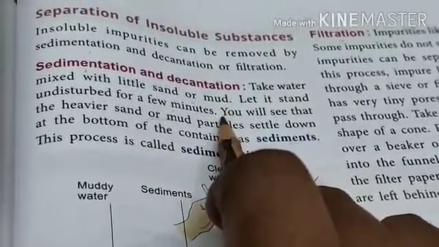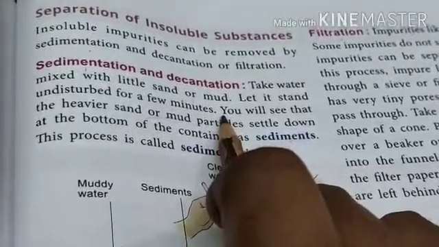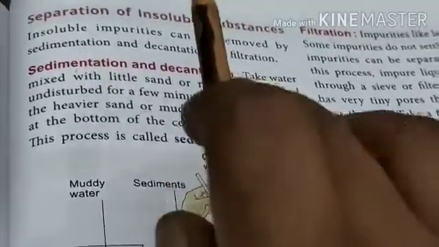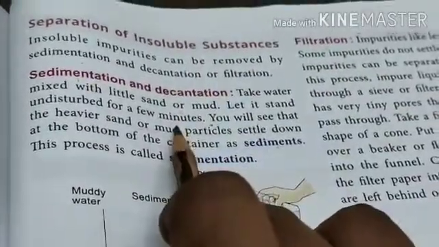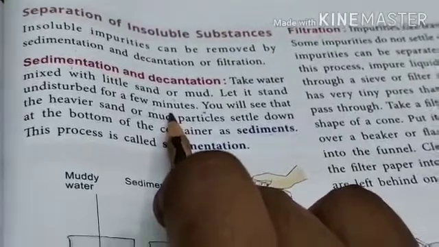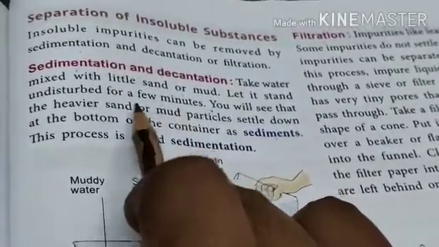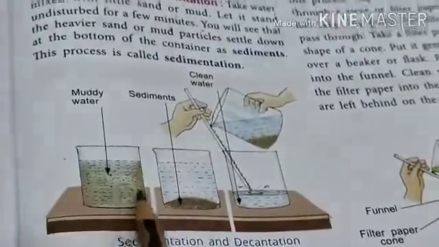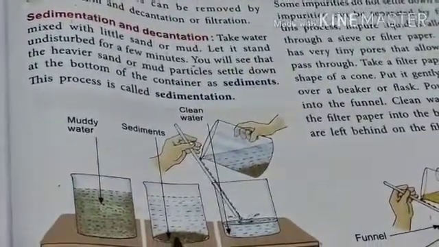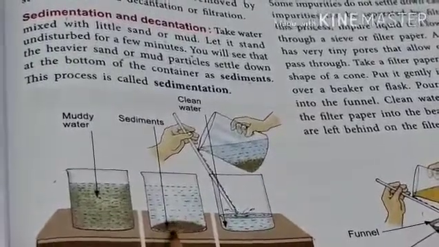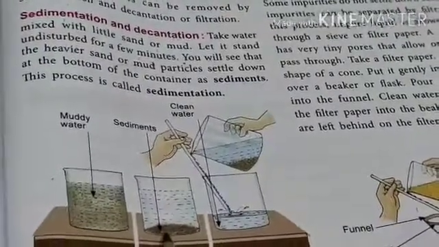Now you have to let that water which is having sand or mud stand for some time. You will not disturb it. Then after some time, if you see, the sand or the mud particles, they settle at the bottom of the beaker or the container.